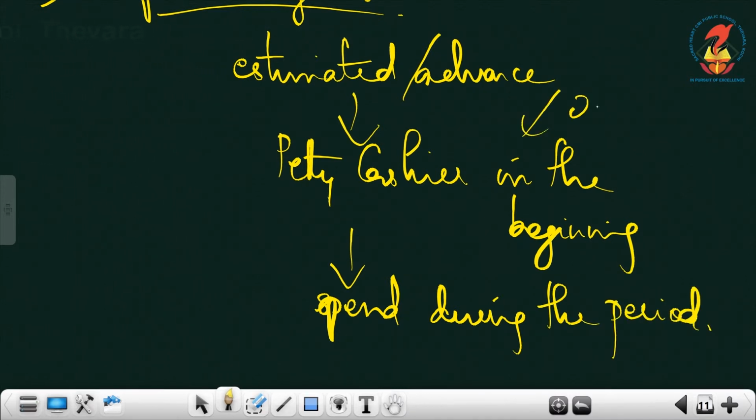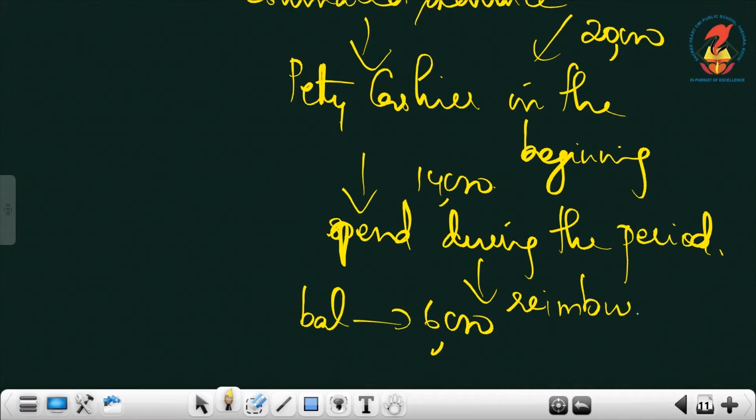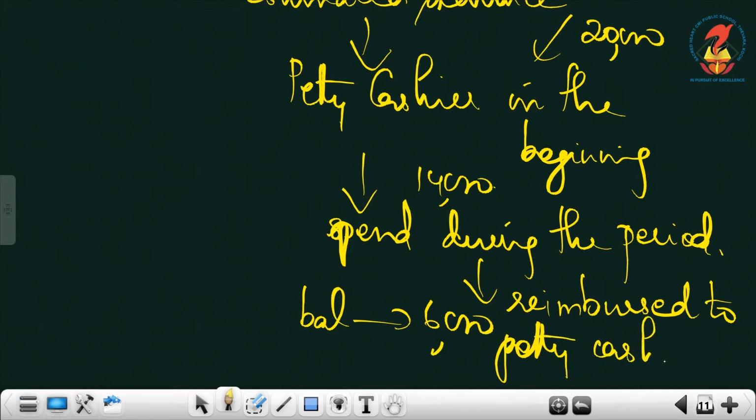Suppose he was given 20,000 in the beginning. During the period he spent 14,000. Now there is a balance of 6,000 which will be reimbursed to him. To him means to the petty cashier, by whom?